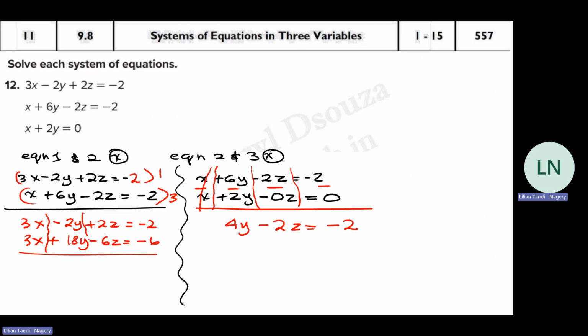Okay, because your x's are the same, you're going to subtract. And you subtract all your houses. This is 0, negative 20y plus 8z, 4. Okay?